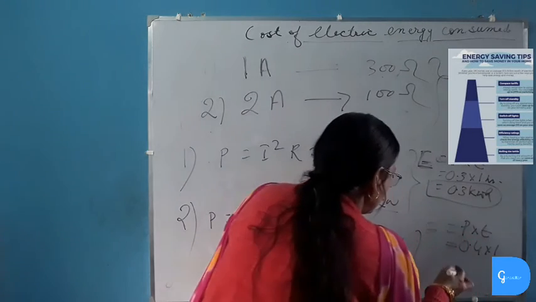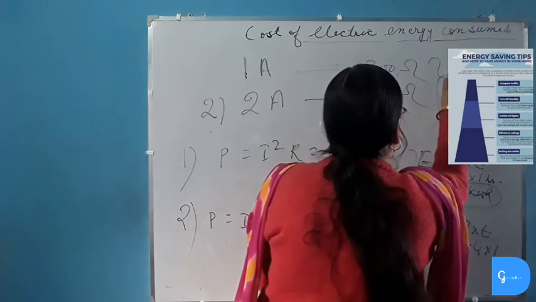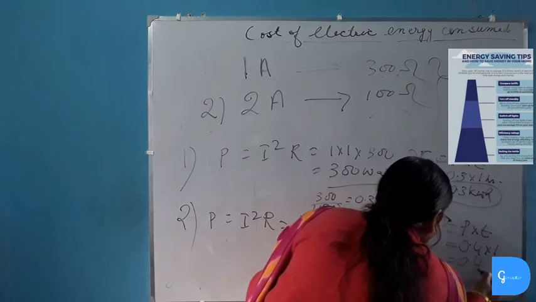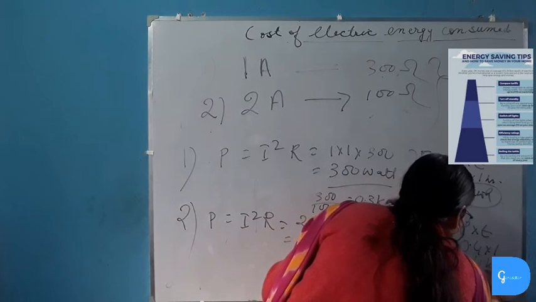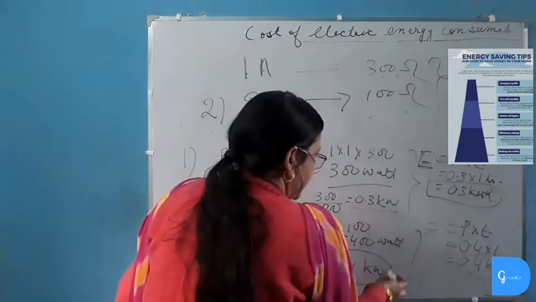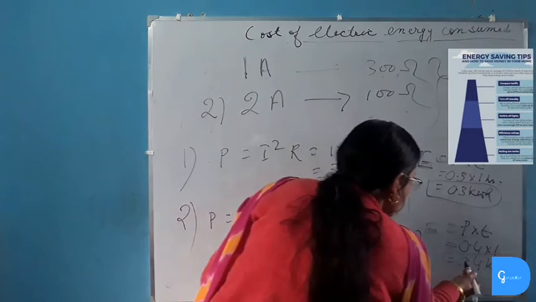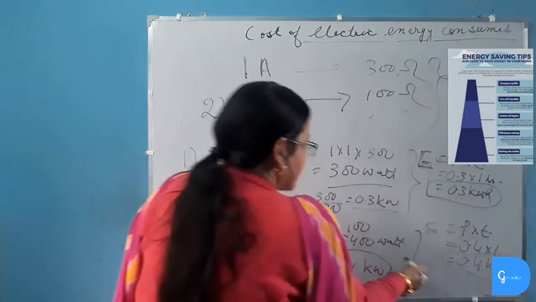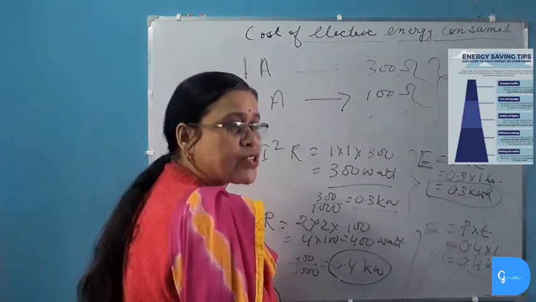In both cases it is used per hour. The question is for per hour, so the time is 1 hour, so it is 0.4 kilowatt hour. Thus the energy consumed in the second case is 0.4 kilowatt hour. So in the second case more energy will be consumed.